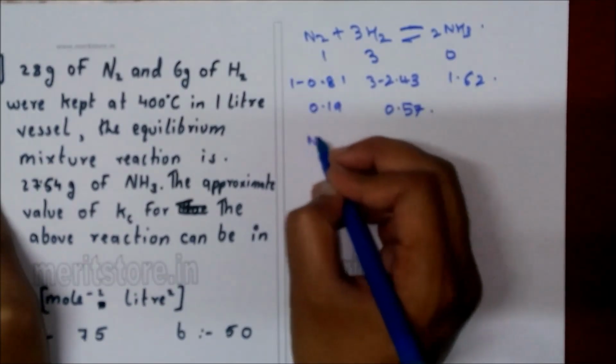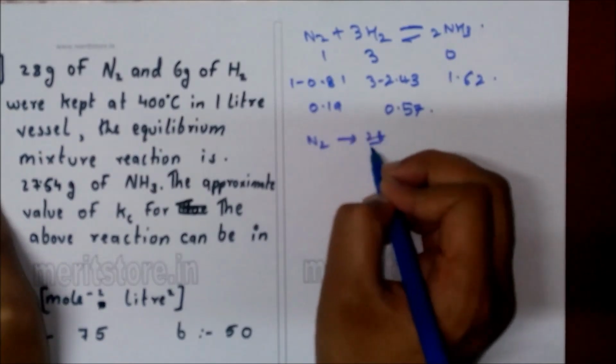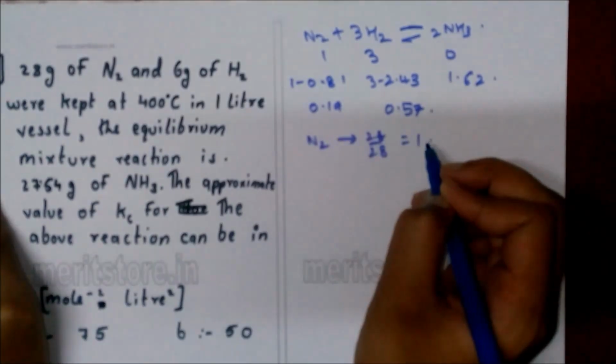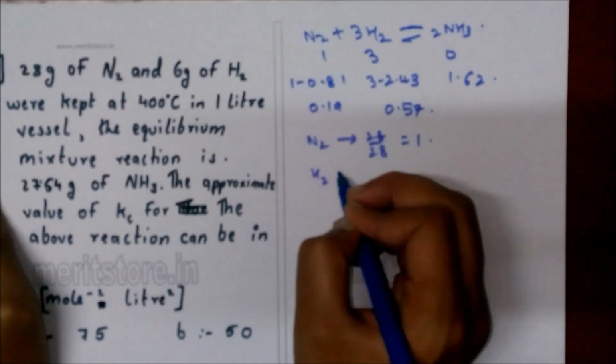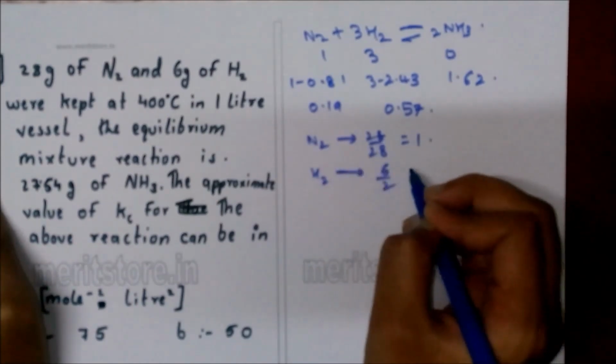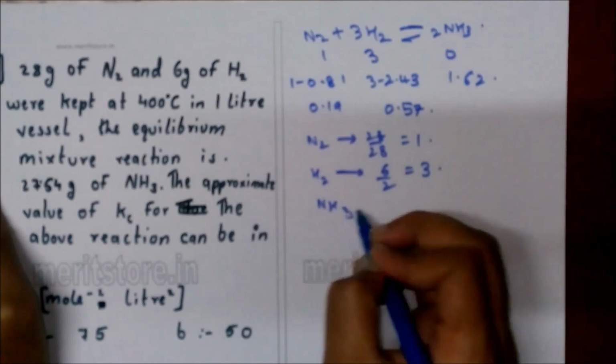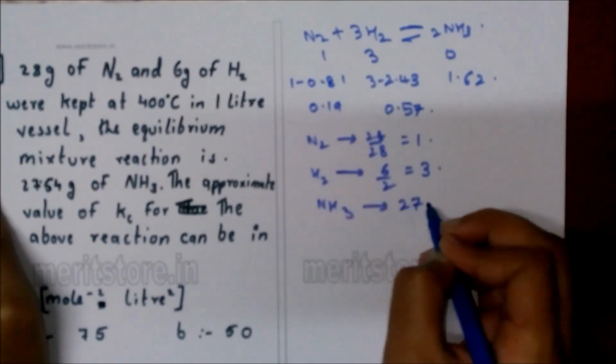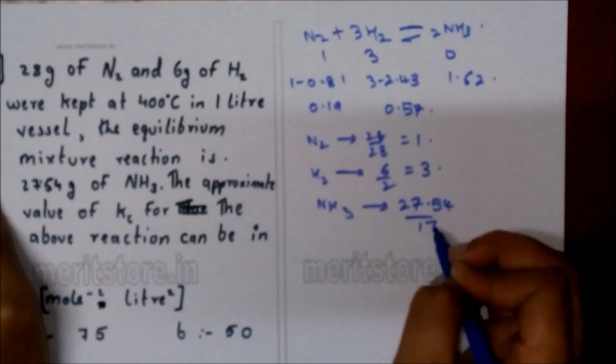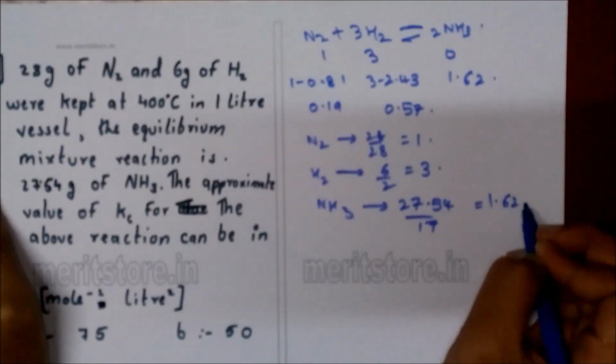Number of moles of nitrogen is 28 upon 28 equal to 1 mole. Number of moles of hydrogen is equal to 6 by 2, which is equal to 3 moles, and number of moles of ammonia is 27.54 upon 17, which is equal to 1.62 moles.